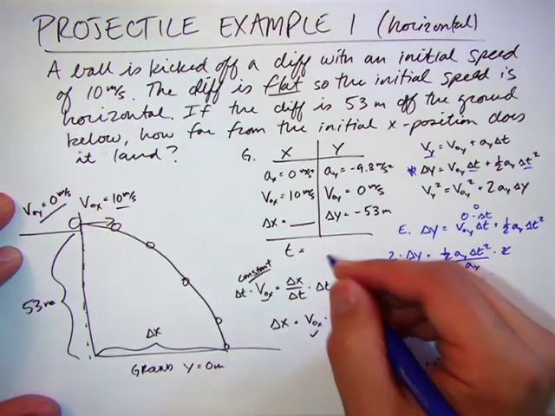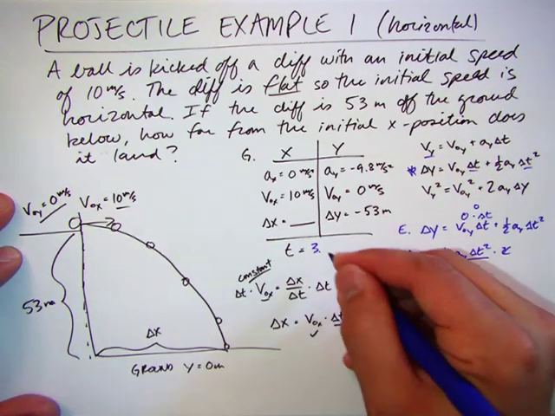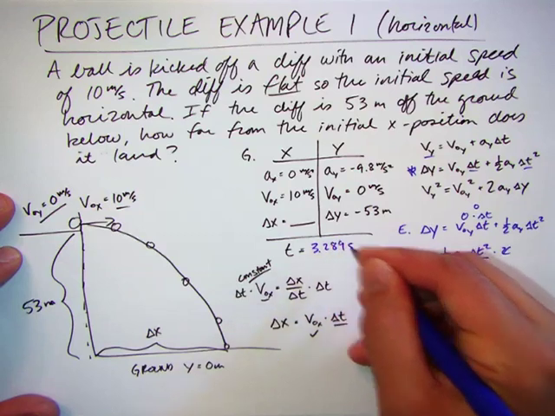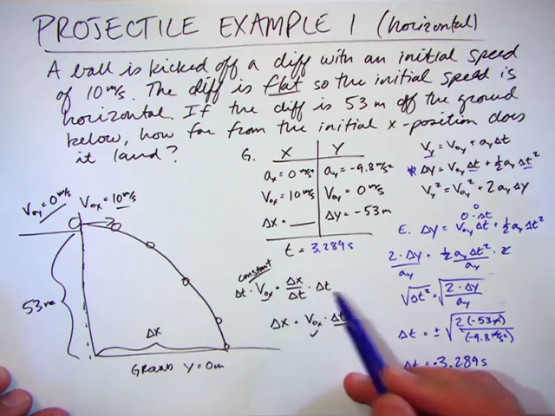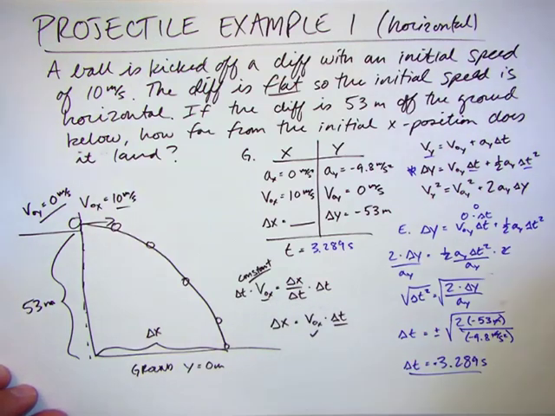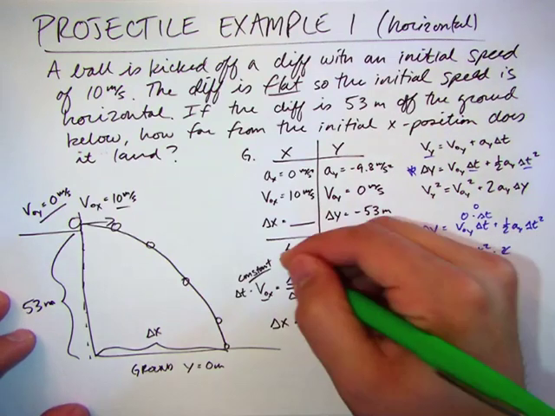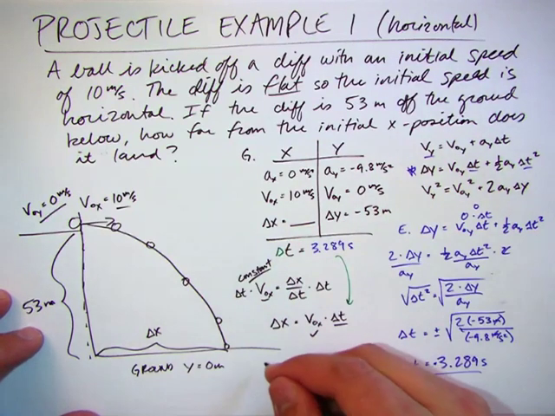So once I know the time, I can put that back in my table. So that means the ball is in the air for 3.289 seconds, which means it falls for that long, which means it moves to the side at this initial velocity for that long. So I go back to, now, I should call this delta t. Got to be consistent. I'm sorry for that.